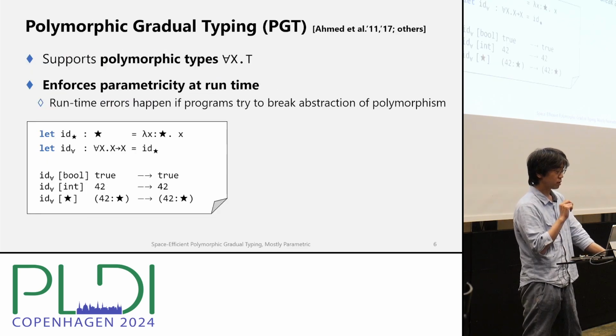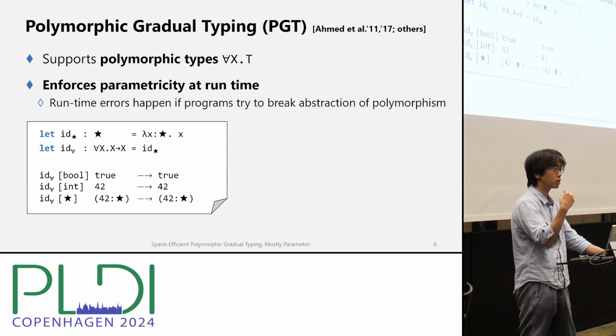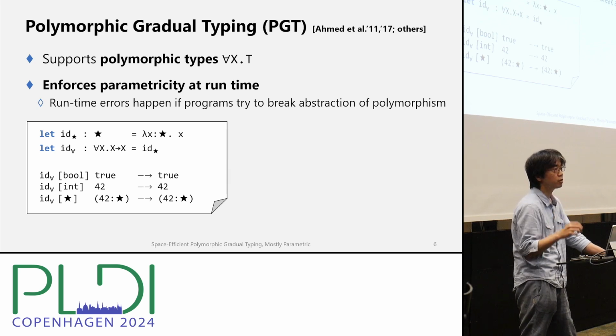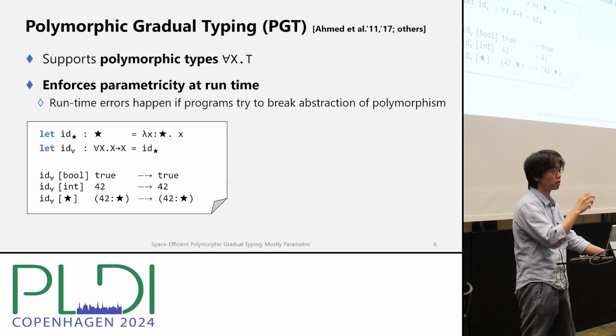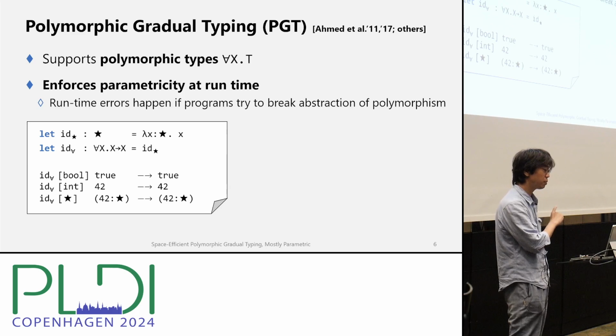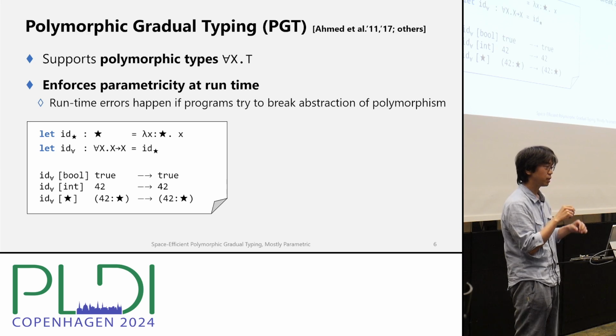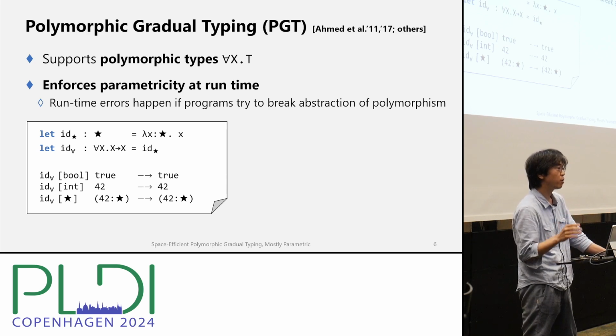Parametric polymorphic gradual typing is an extension of gradual typing with parametric polymorphism, and it supports universal types as usual polymorphic languages. But the distinctive point of polymorphic gradual typing is that it enforces parametricity at runtime. Parametricity is a crucial property of polymorphic languages.